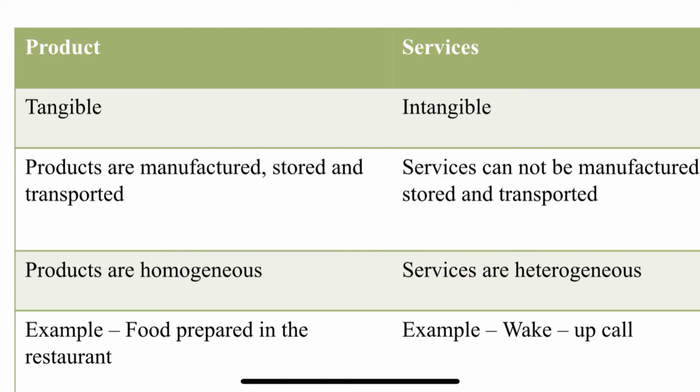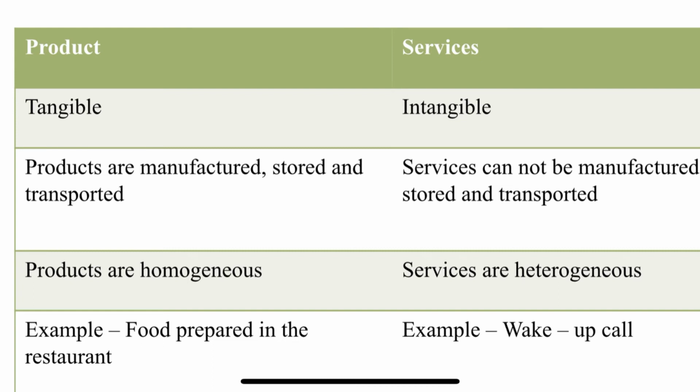So the next point is that products are homogeneous and services are heterogeneous. What this means is, homogeneous means something that remains the same and does not change over a period of time, whereas heterogeneous means something that may keep changing. Let's take the example of the restaurant and the bottle of wine.